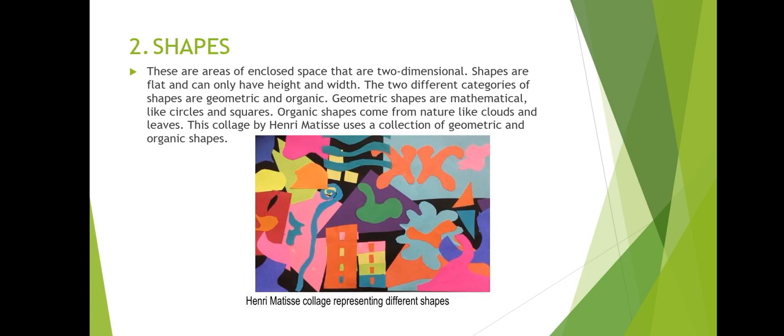Anything that we see in our surroundings may be a form of shape, like a ballpen, or anything that we have in our surroundings. Basic shapes, as we learned in our previous grades, elementary grades, are like triangle, rectangle, square, and circle.